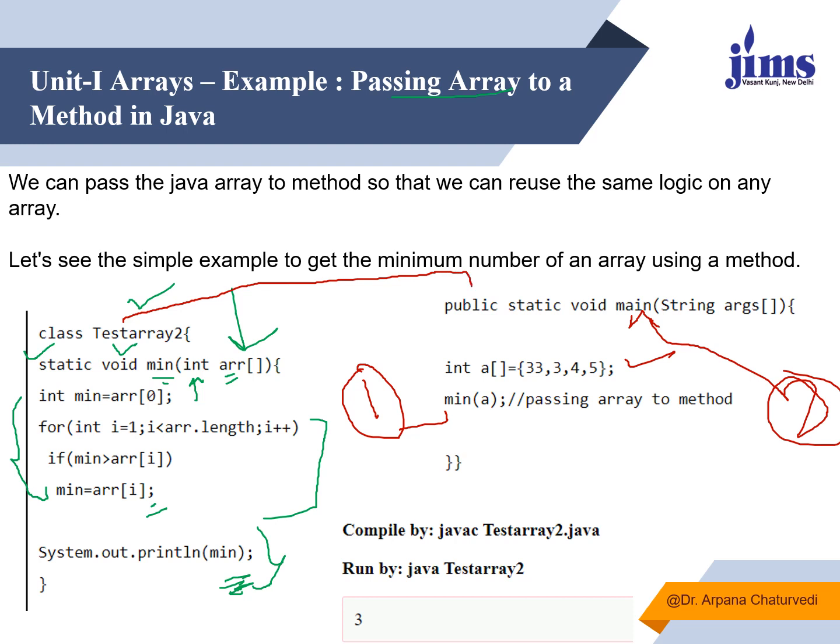So within the class, when I am calling a function, I can make use of its name because it is a member function. So I am calling the function min, passing the argument a, and the output is 3 because among this list of values, the minimum value element is at the first position, that is 3.